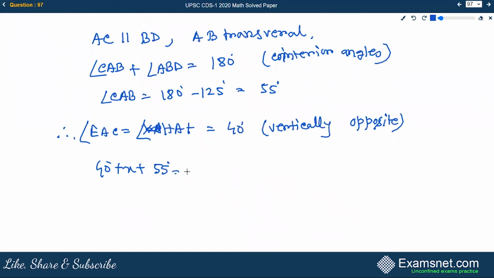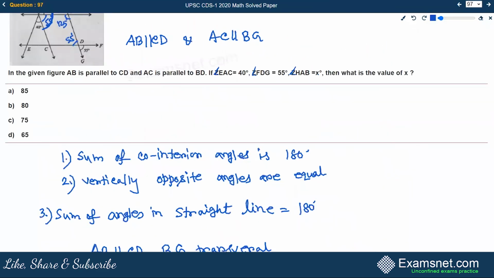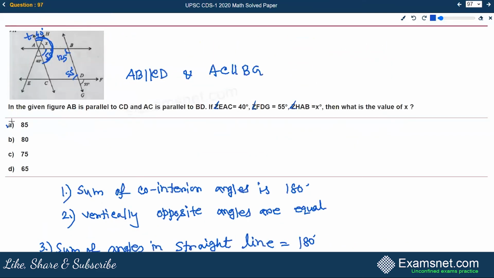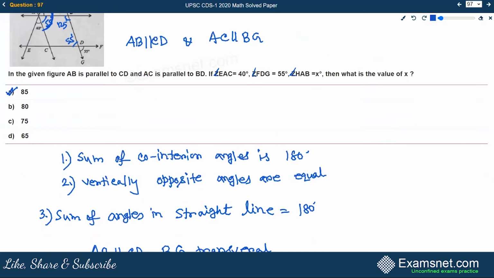The sum of angles on a straight line is 180 degrees, so they will give us 180 degrees. Now from here, if we calculate, the value of x is 85 degrees. So angle x is 85 degrees. Here option A is the correct answer.